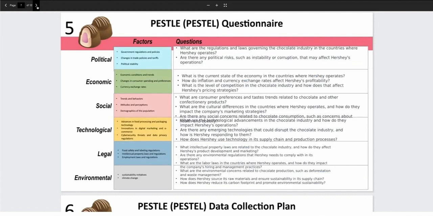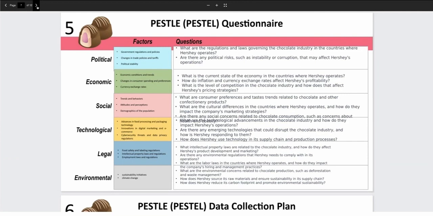Then you're going to look into your questions, because when we are doing our PESTEL analysis, we have also to prepare some questionnaires, because we may not have access to all of the data that we need. You may not find, in previous publications, people who did look into all of your existing questions about your business.